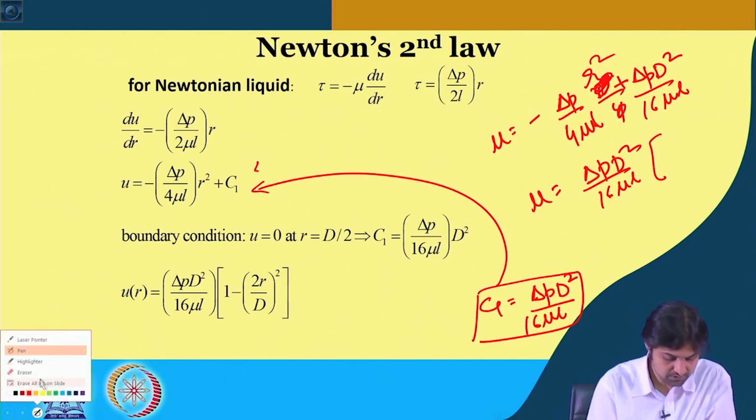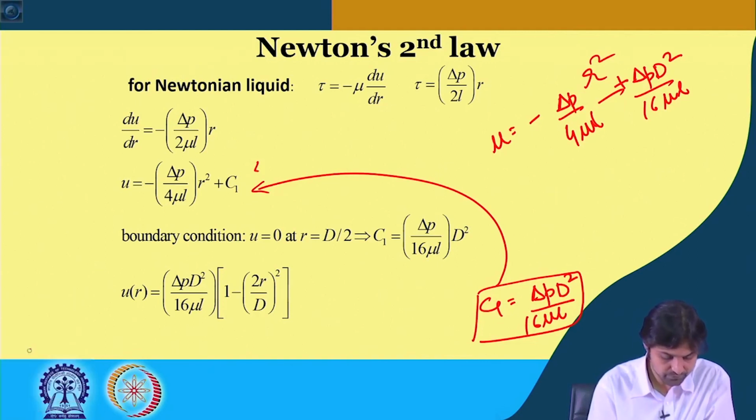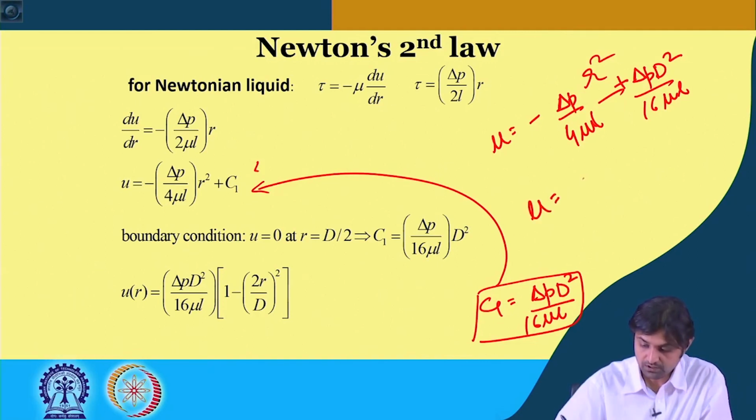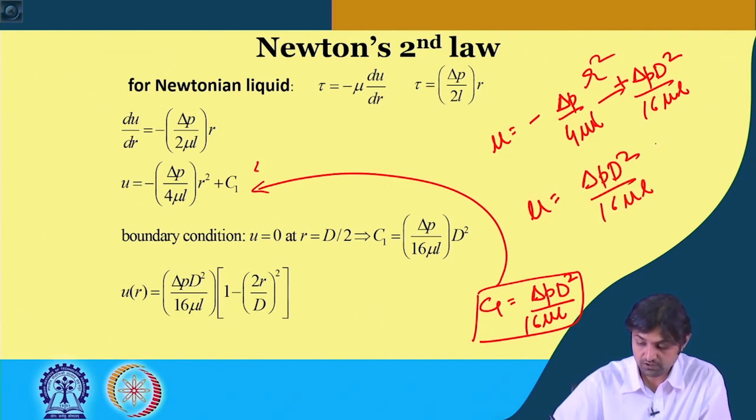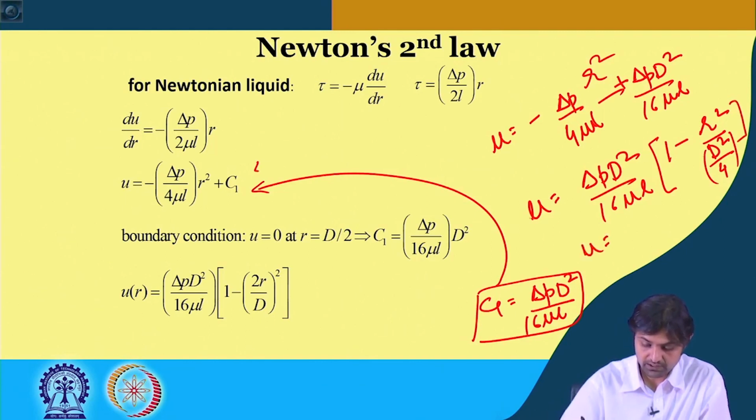So u is, let's take delta P d square by 16 mu L as constant, and then we are left with 1 minus r square divided by d square by 4.